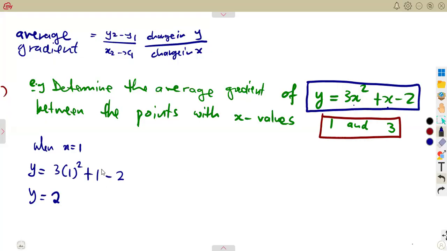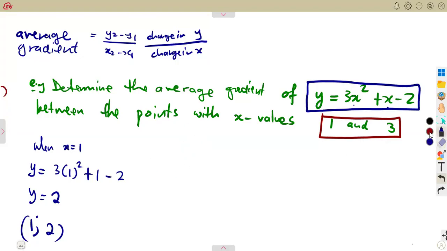So y there is supposed to be equal to a 2 if you substitute properly on your calculator. Remember, a point is made of x, y. So x is 1 when y is equal to 2. That's where we've got a point from there.